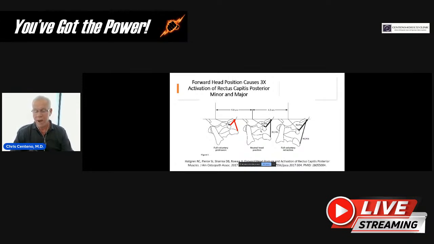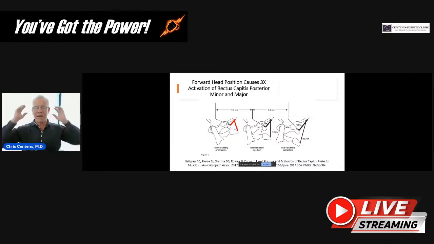So one of the ways, if you've got suboccipital tightness back here, to try to get rid of that is to get rid of that forward head kyphotic posture. Because not only does it cause stress on these muscles, but it also causes stress on those upper cervical ligaments as well.